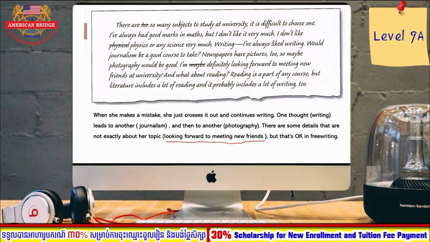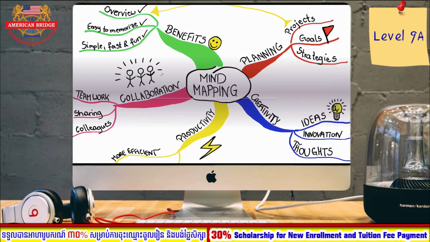As long as you get your ideas, as long as you have ideas to write down, because it is the first step, and the more ideas you have, the better you will be able to write. So this is the second technique that you can use to start your writing. And the last technique, which is one of the very popular ones, we call it mind mapping.